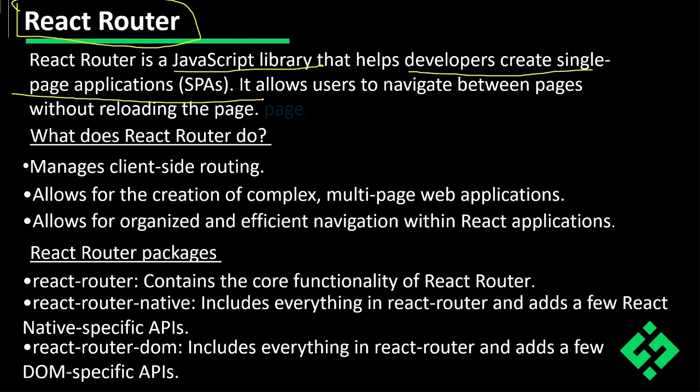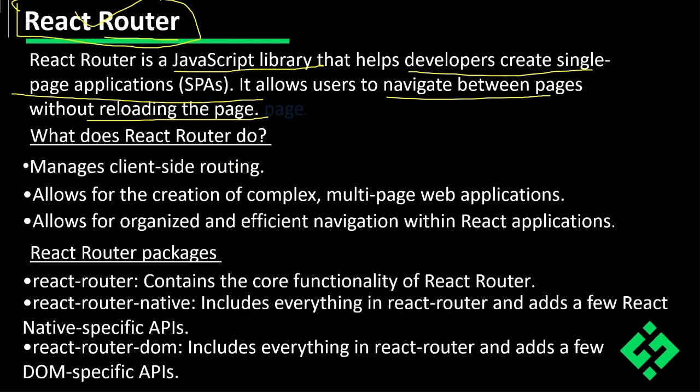A single page application means that you can move between different pages or views without needing to refresh the whole page. The whole idea is based upon URL based routing, and that is what React Router helps us do. It allows us to navigate between pages without reloading or refreshing the page.